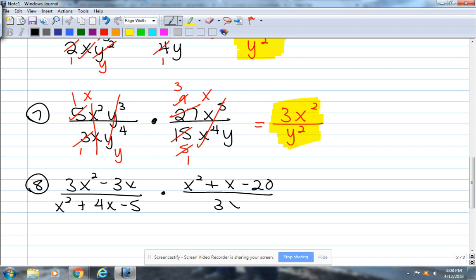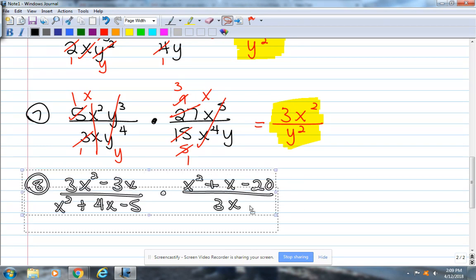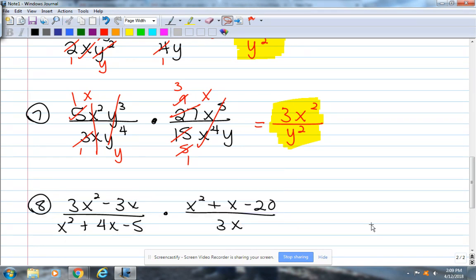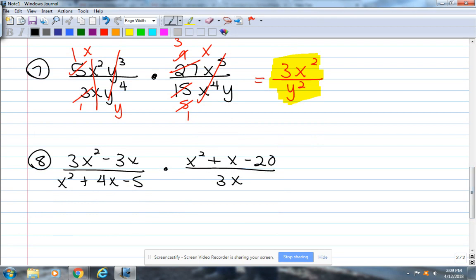Fraction times a fraction. When I factor, y'all, it actually saves you time if you just write it above or below it. So if you skip a little space between that and the previous problem, it makes it easier. Is that 3x squared minus 3x?